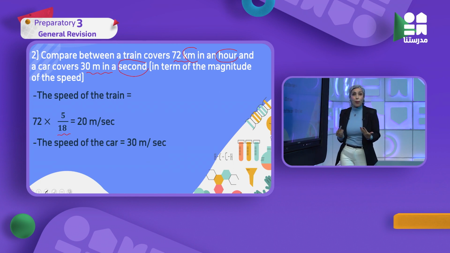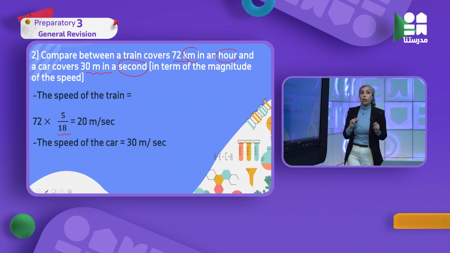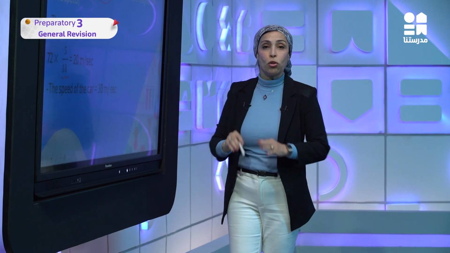So can I compare between them? So the car is faster than the train. But only after I convert. Before that I can't compare any two phenomena or two physical quantities without converting the units to be equal to each other.